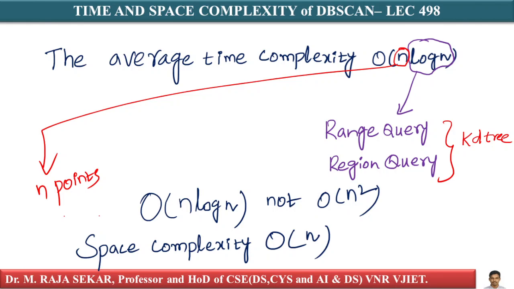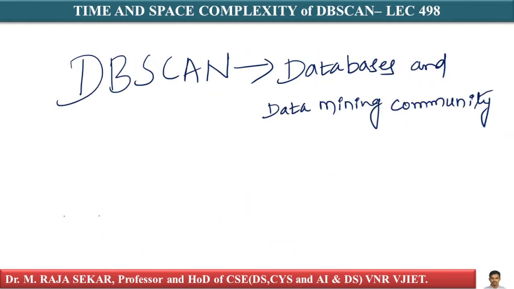So space and time complexity is very, very healthy. Here you can assume your D is much less than n. D is the dimension, n is the number of points, isn't it?